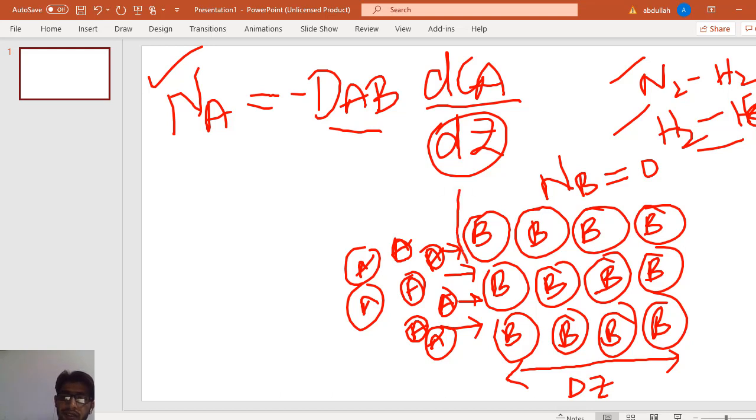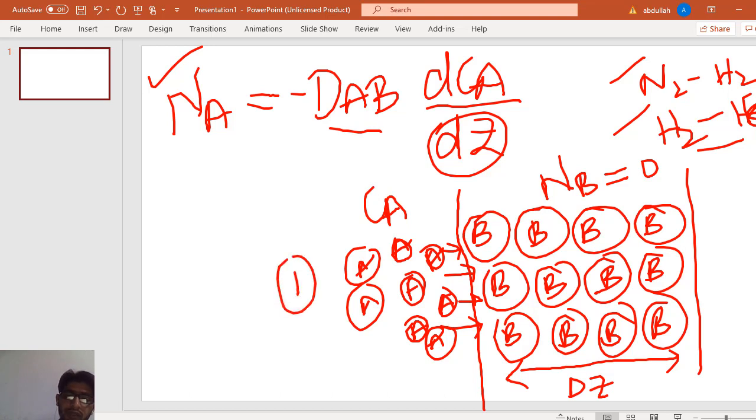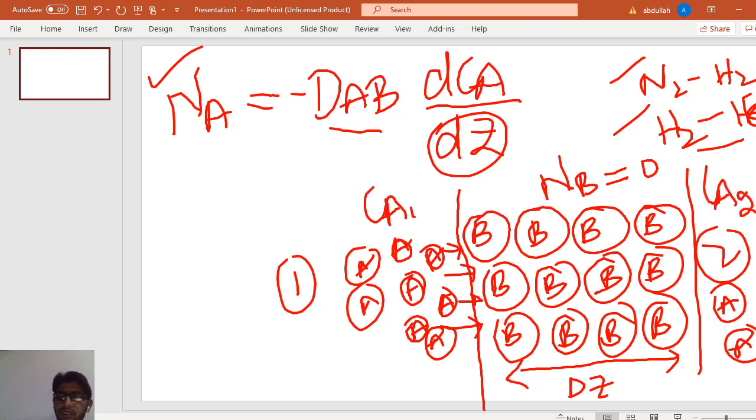Suppose dCA shows the concentration gradient. Suppose this is the point A and this is the point B. The concentration of A at point 1 is CA1. Similarly, the concentration of component A at point 2 is CA2.